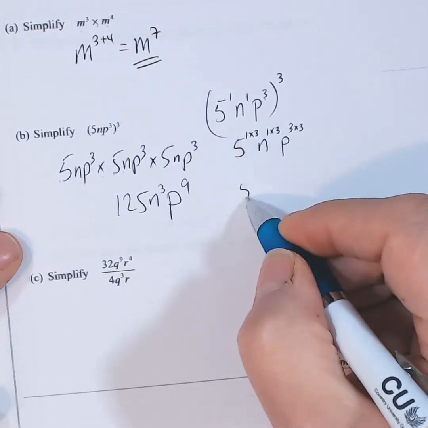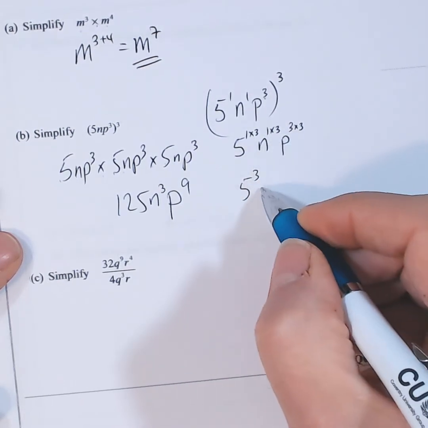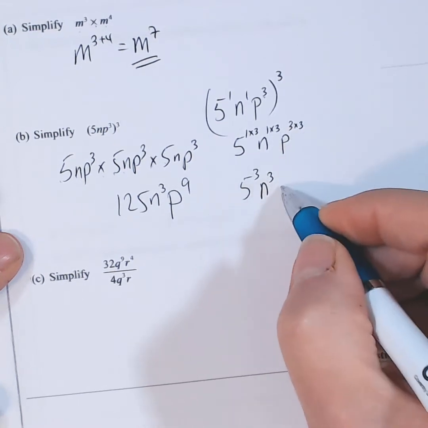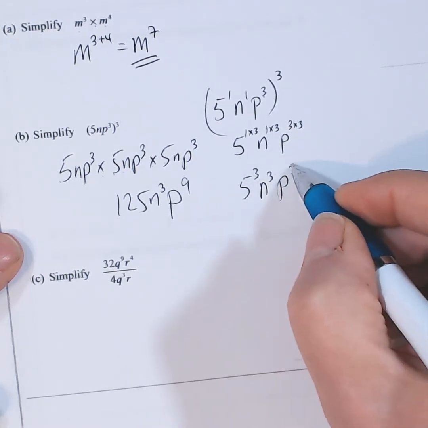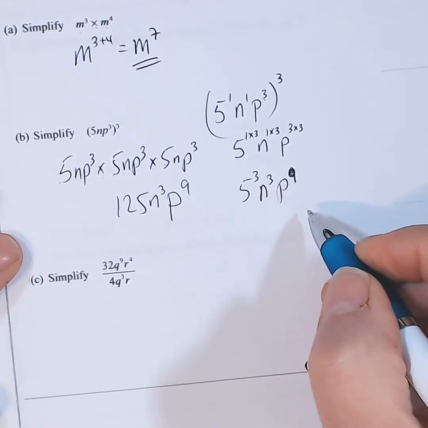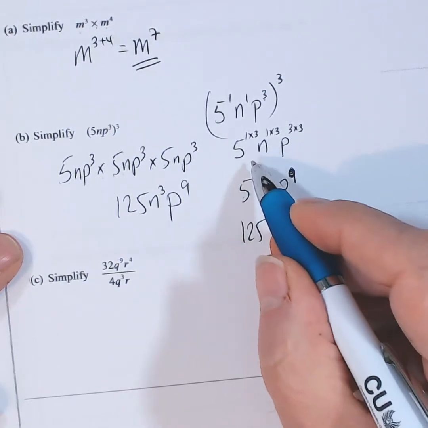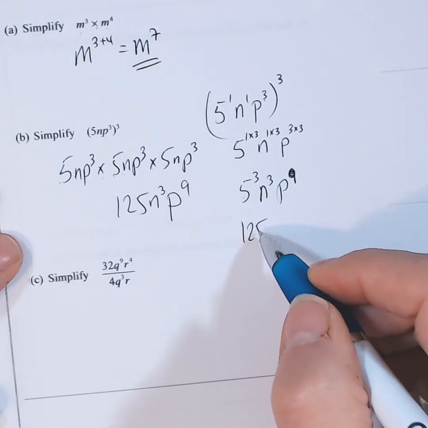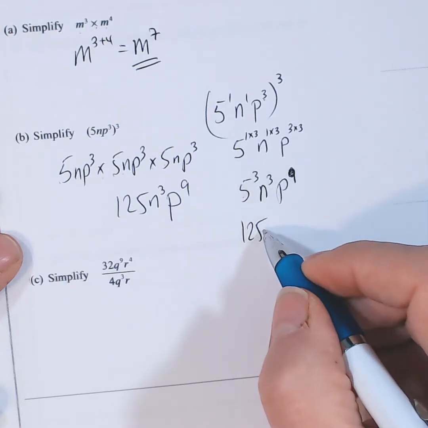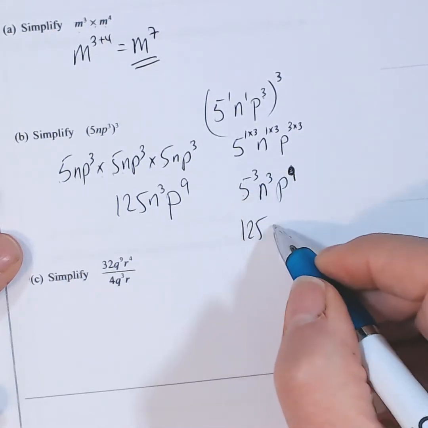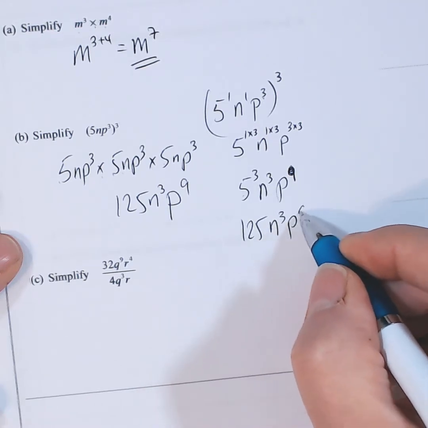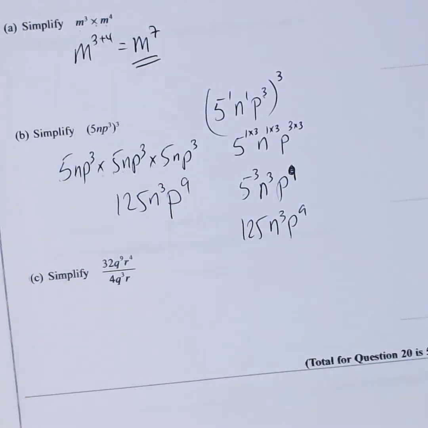Well, 1 times 3 is 3, 1 times 3 is 3, 3 times 3 is 9. And then we've got to realise that 5 cubed is 125. That's the only problem with that, is you've got to remember to finish off simplifying so we don't leave the cube there when we can actually work it out. So 5 cubed is 125. So that's a way of doing that question.